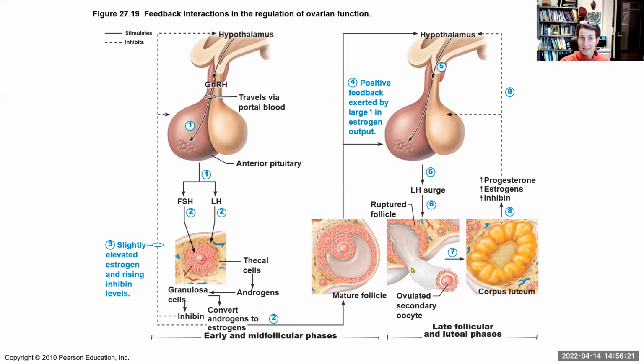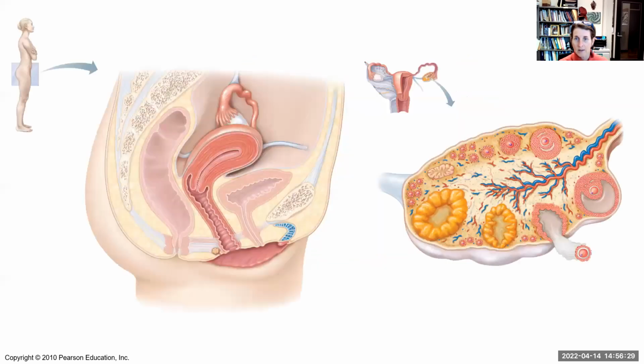All goes well. It gets caught and swept up by the fimbriae, the end of our uterine tube, enters the uterine tube where it can be fertilized if sperm are present. If not, it dies within 24 hours.